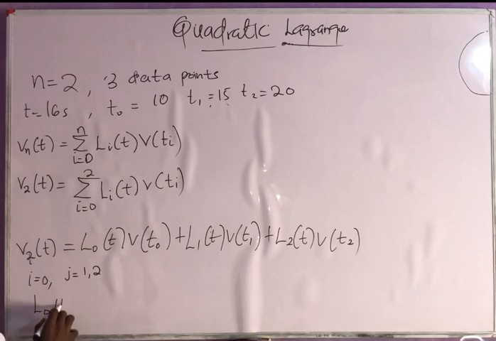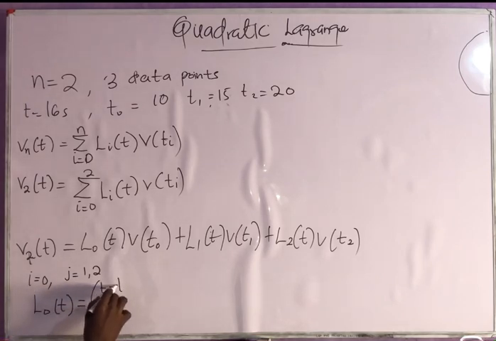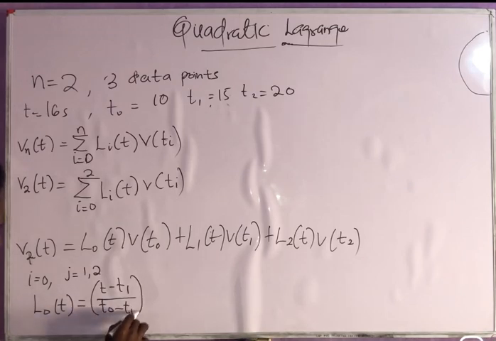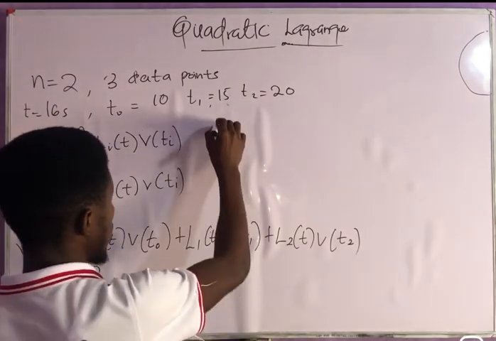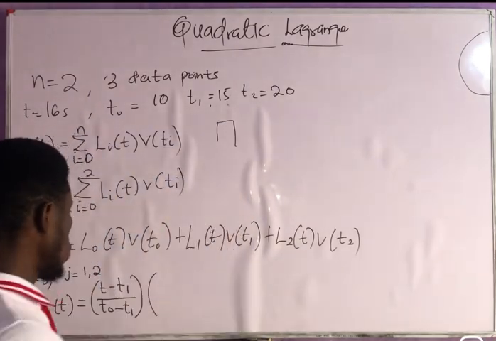So this is what I'm going to have. L0 of t is going to give us t minus t1 over t0 minus t1, multiplying. Remember we said that the sign here is a product.